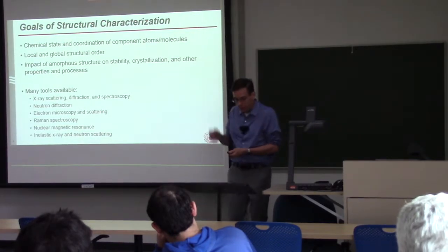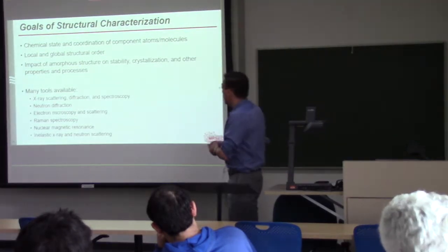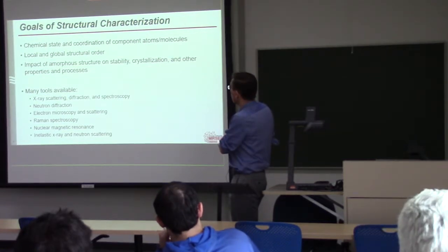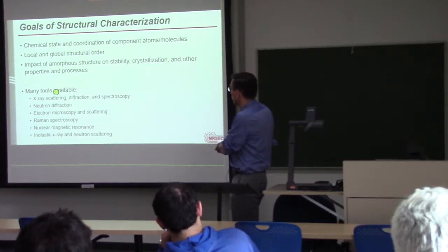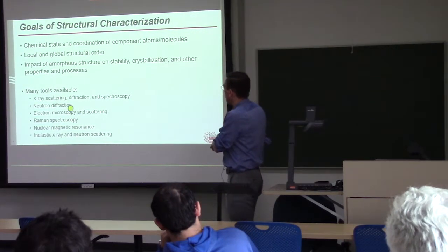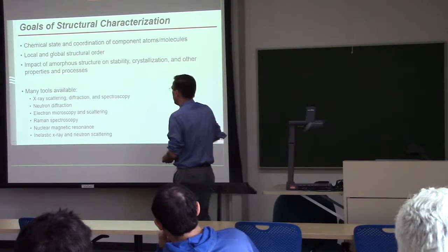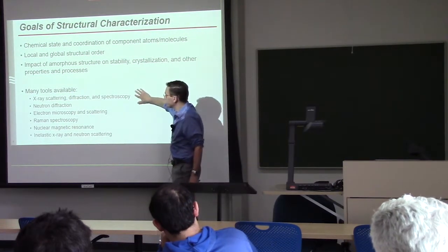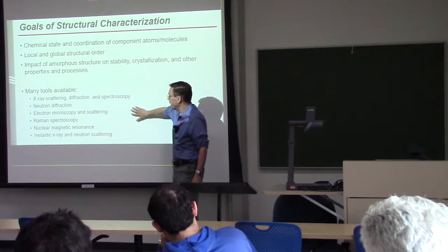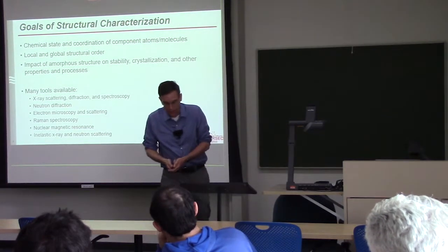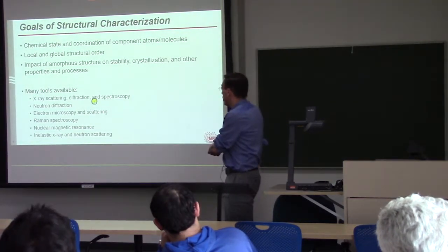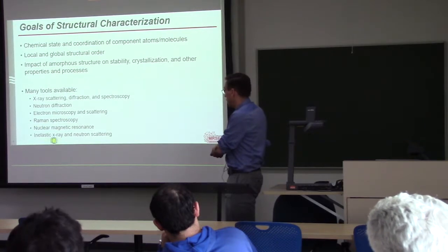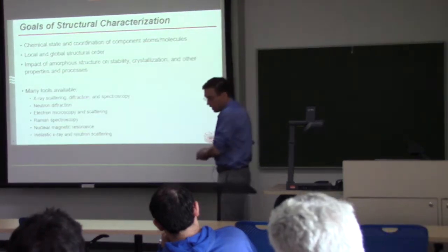To understand these phenomena, or these ideas, there are many, many structural tools that are available. We will highlight the scattering tools. So these are really the first three on this list: X-ray scattering, neutron scattering and diffraction, electron microscopy and scattering. There are many, many other tools as well, including Raman, NMR, some inelastic techniques.